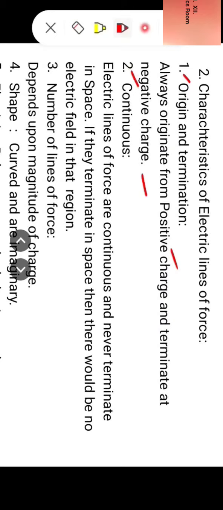Electric lines of force are continuous and never terminate in space. If they terminate in space, then there would be no electric field in that region. So you can look into the diagram. The lines of force are continuous and they don't terminate in space. They terminate always at negative charge, originate always from positive charge.